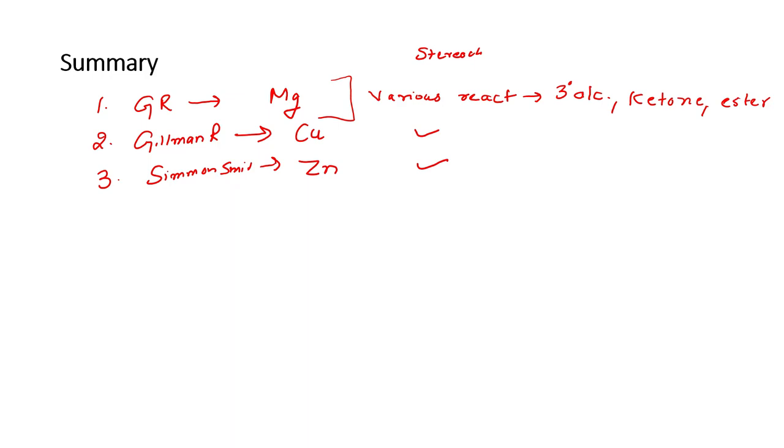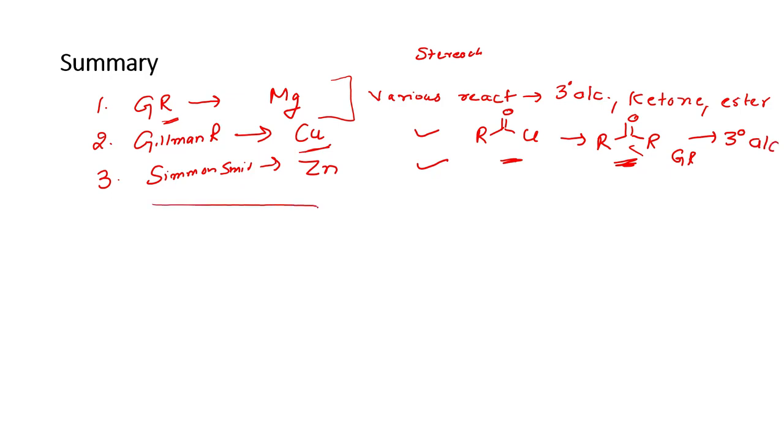I have also shown you the difference between Gilman reagent and Grignard reagent in terms of reactivity: Gilman reagent, when it reacts with acyl chloride, will give you ketone, but Grignard reagent, when it reacts with acyl chloride, will give you ketone first, then another Grignard reagent will react and give you tertiary alcohol.